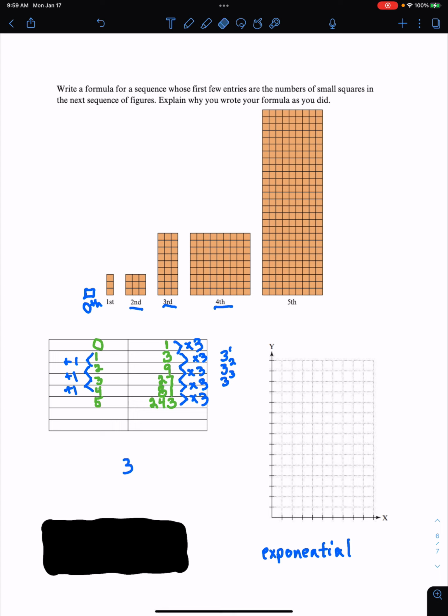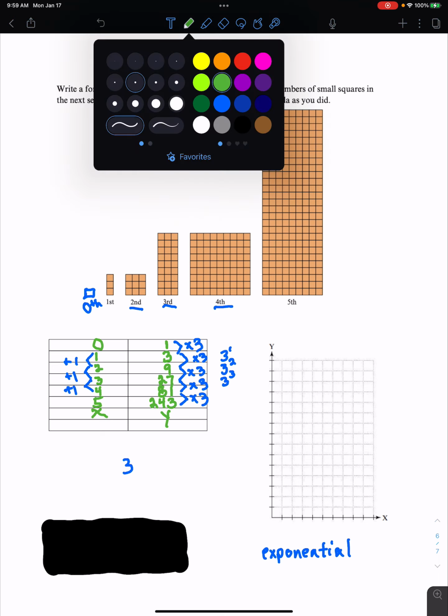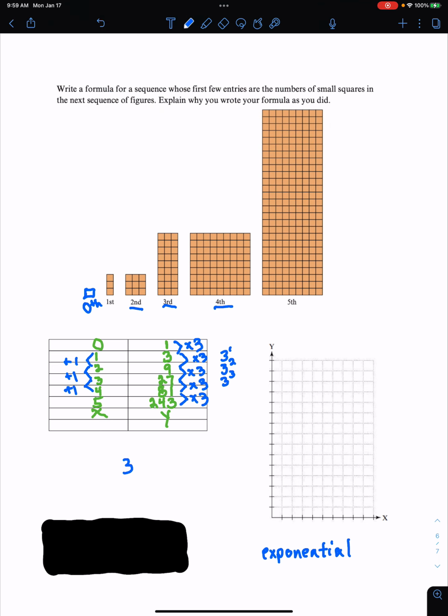So basically, if we wanted to do this, whoops, I somehow got to eraser here. If we wanted to go from our x value here, our entry value, to some y value, what we would have to say is y equals 3 to the x power.